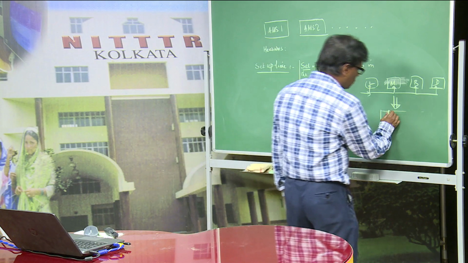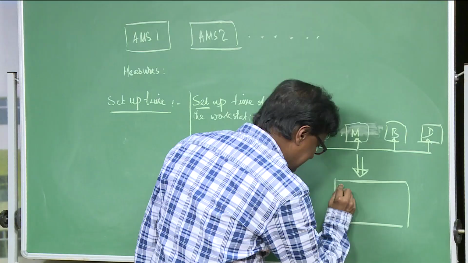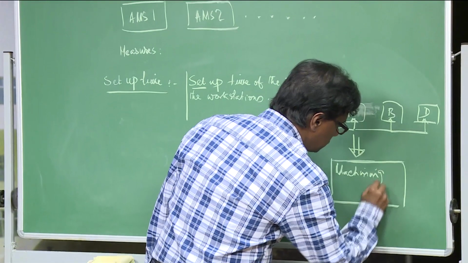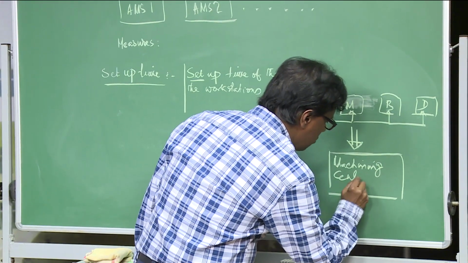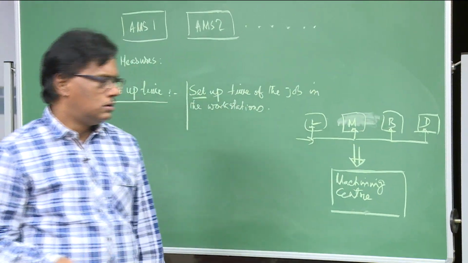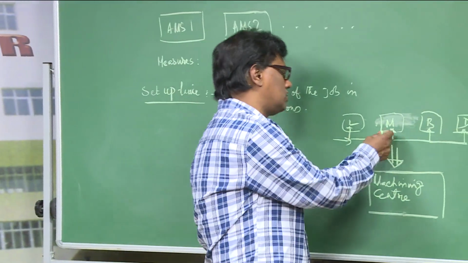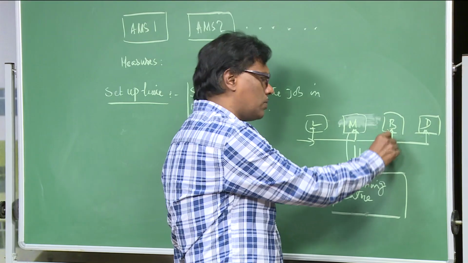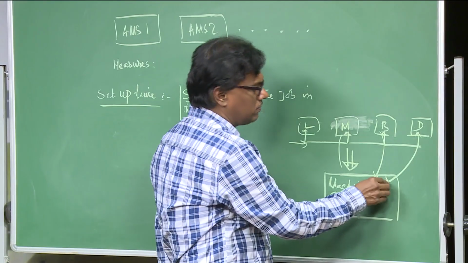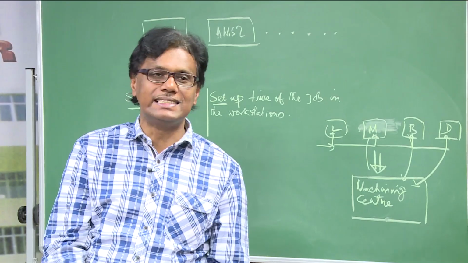This type of machine is called a machining center. How will I define a machining center? A machining center is a machine where some operations of milling, and most of the operations of boring or drilling machines, can be performed in a single machine with a single setup.